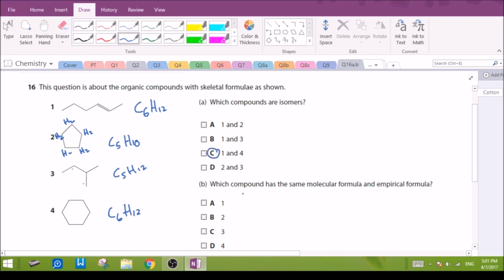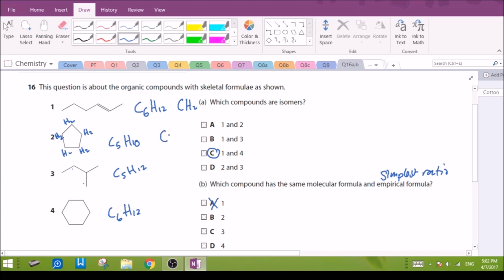B. Which compound has the same molecular formula and empirical formula? Empirical formula means the simplest ratio of their atoms. Going down the list, this is the molecular formula, and the empirical formula is actually CH2, so we can simplify to this ratio. They don't have the same molecular formula and empirical formula.